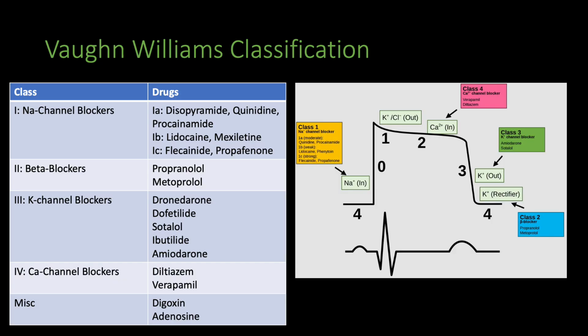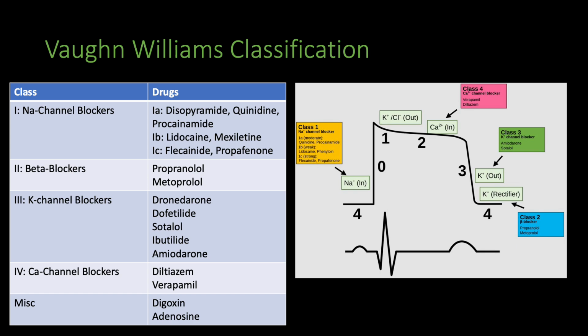In this case, we have the sodium channel blockers, the beta blockers, potassium channel blockers, calcium channel blockers. I won't go too much in detail on these mechanisms. As you can see, they're pretty much self-explaining. They block these different channels. So at least know what medications block which channels, just in case they ask you that on the test.